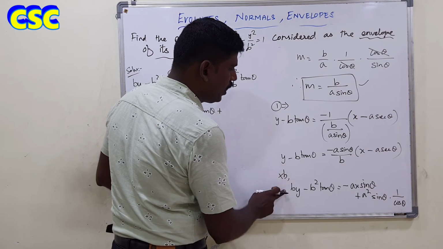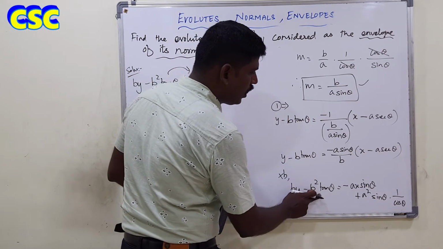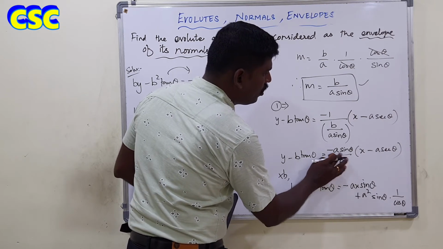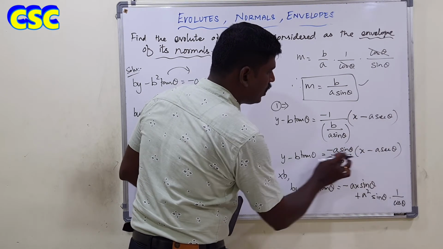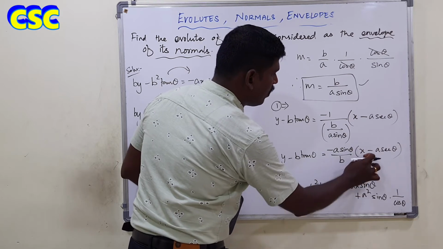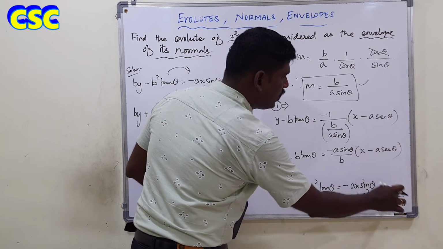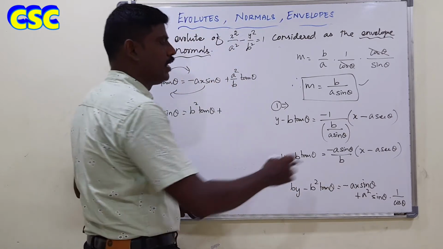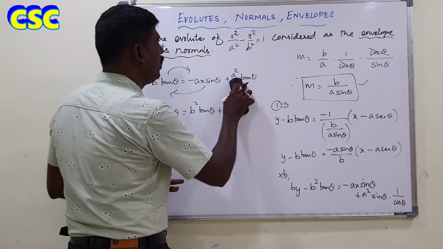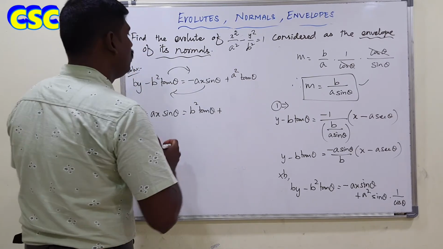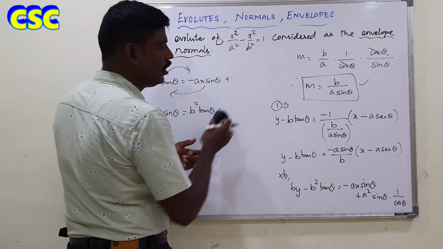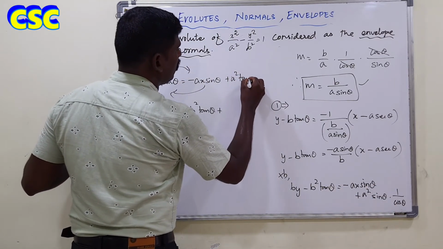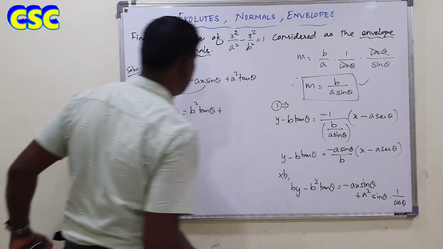This becomes by minus b square tan theta equal to, this b completely cancelled on the right hand side. So multiply this minus a sin theta alone inside the bracket. So minus ax sin theta plus a square sin theta into 1 by cos theta. That b is cancelled by multiplying with b on the right hand side, so the b cannot come here. So this term becomes a square sin theta by cos theta, which is a square tan theta.